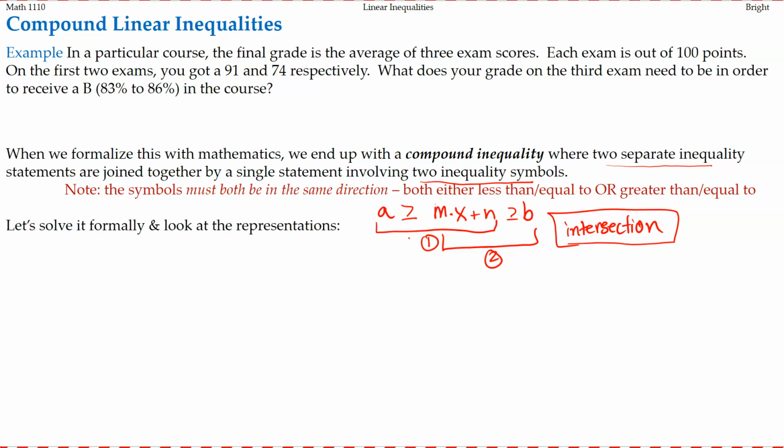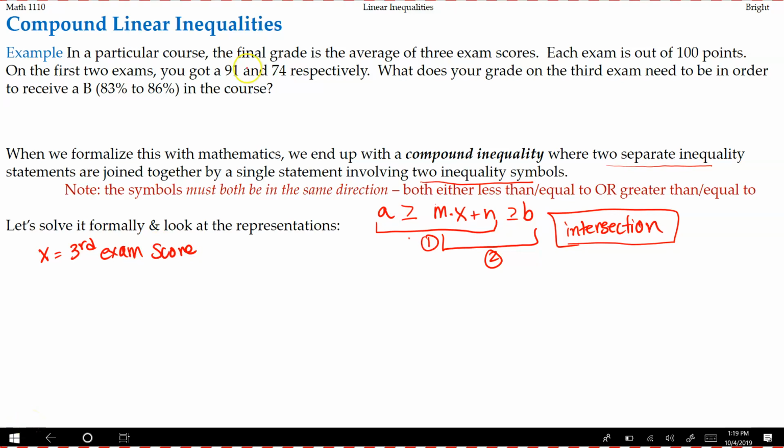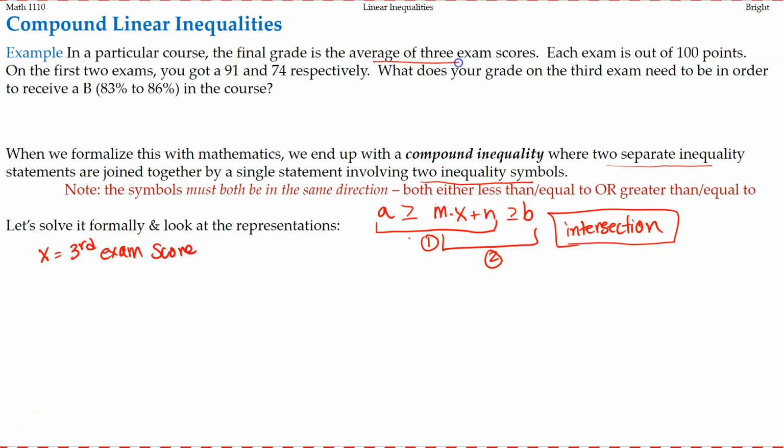Okay, so here we go. Let's go ahead and solve this. I'm going to say let x be your 3rd exam score. The final grade is an average of the 3 exams. To do an average, you add everything up and divide by the number of things you added up.